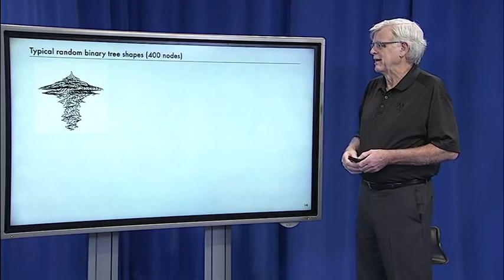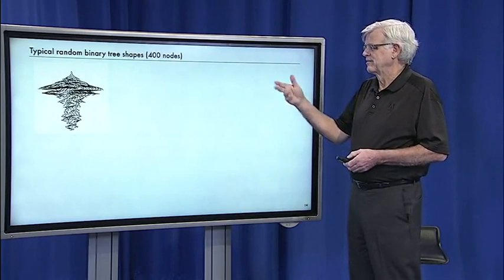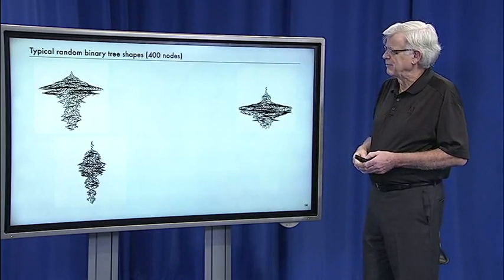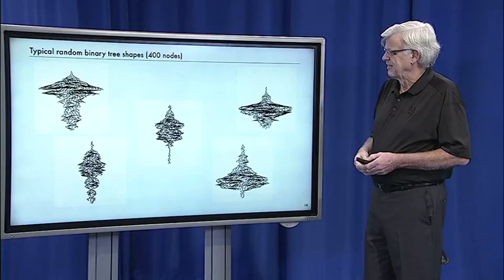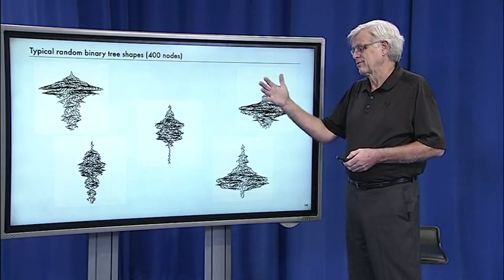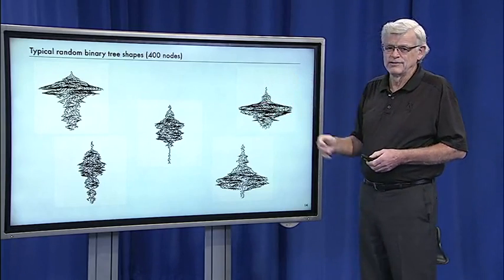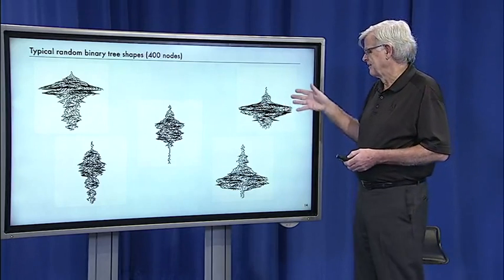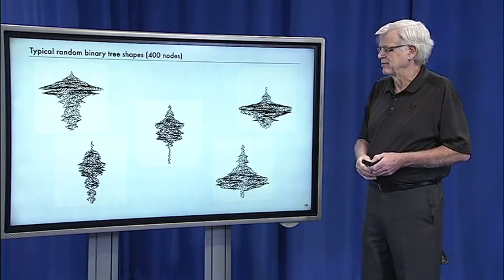This is what a random binary tree looks like with this idea. And actually, when you see random binary trees, they have many, many different shapes. And if we were to do random trees or random forests as well, you see quite a collection of different and interesting shapes.